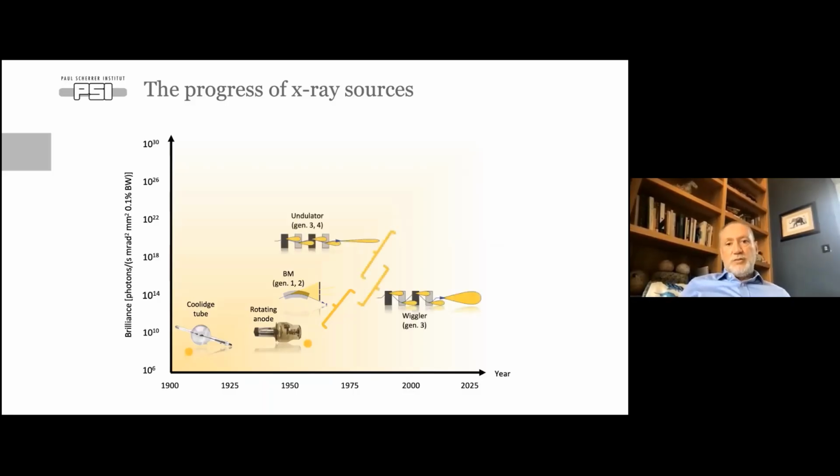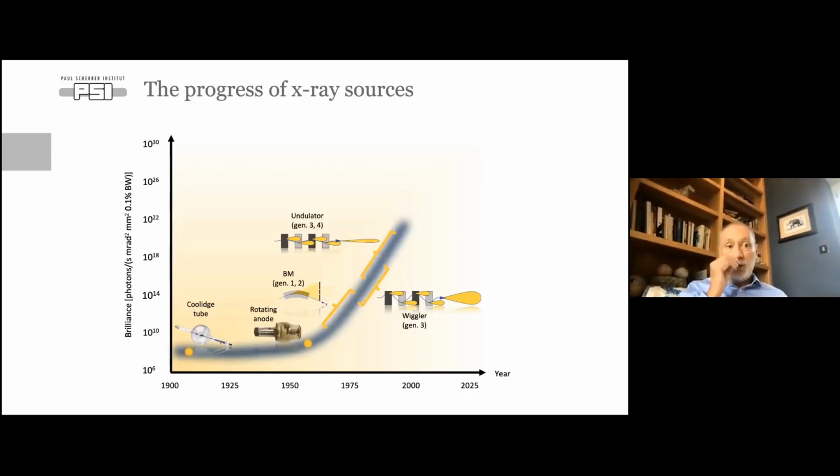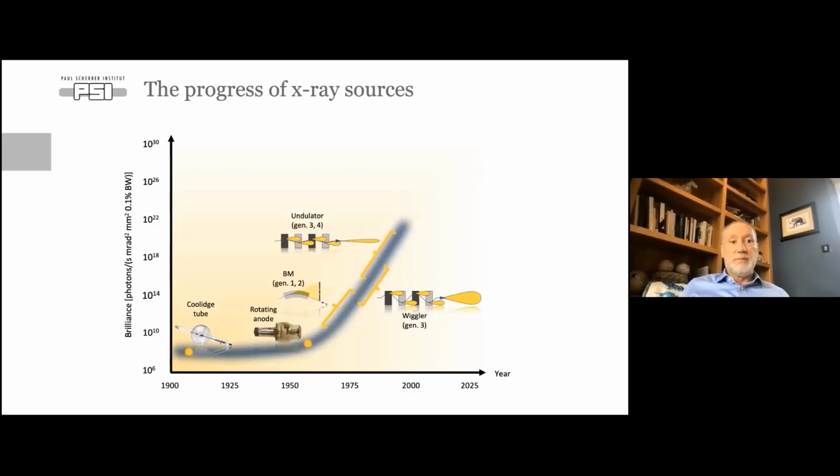And then the introduction of insertion devices in the 3rd generation facilities really took things to the region of around 10 to the 20 and 10 to the 21 photons per second per square millimeter per 0.1% bandwidth.